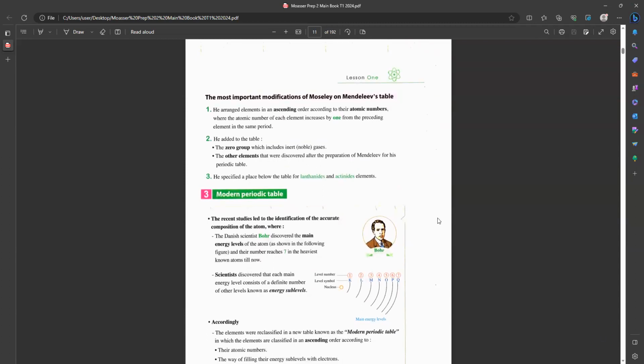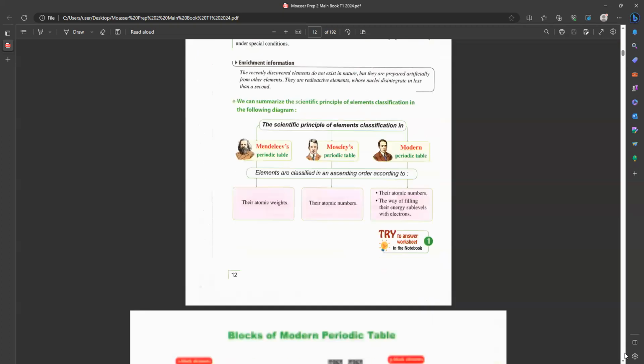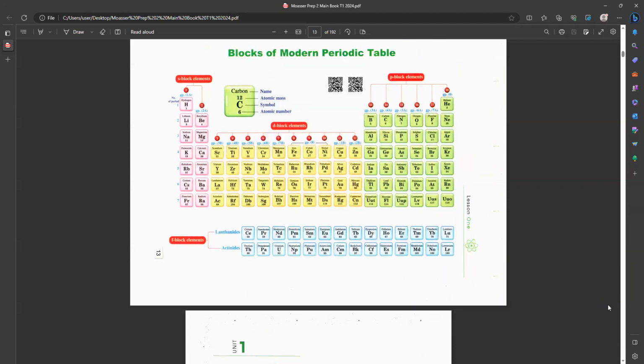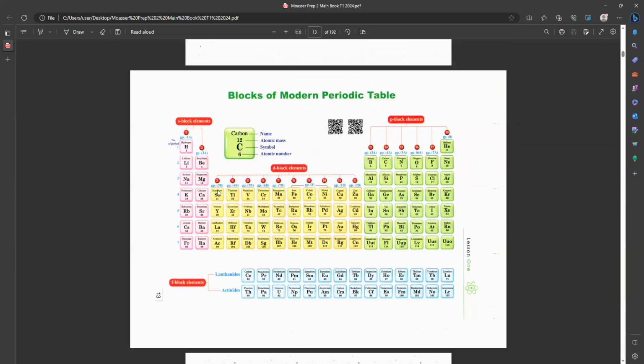And how did he design his table? He also made groups and periods. Moseley designed the table as groups and periods, but he arranged the elements in the same group ascending in atomic number, for example atomic numbers 3, 4, 5, 6, 7.